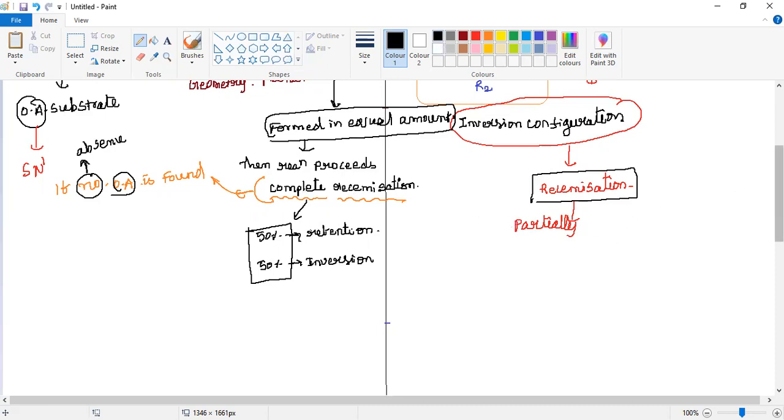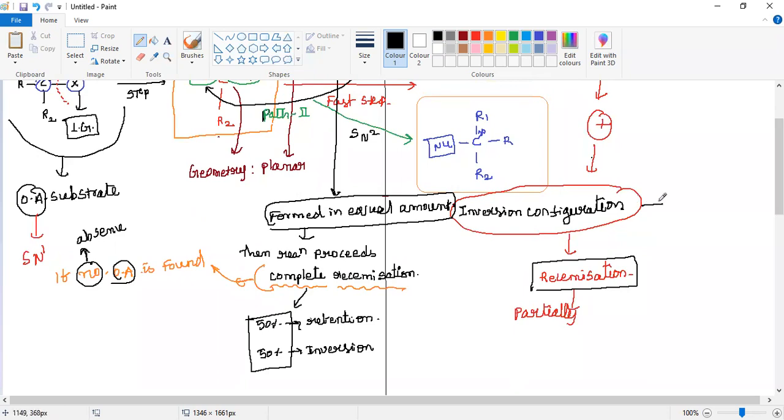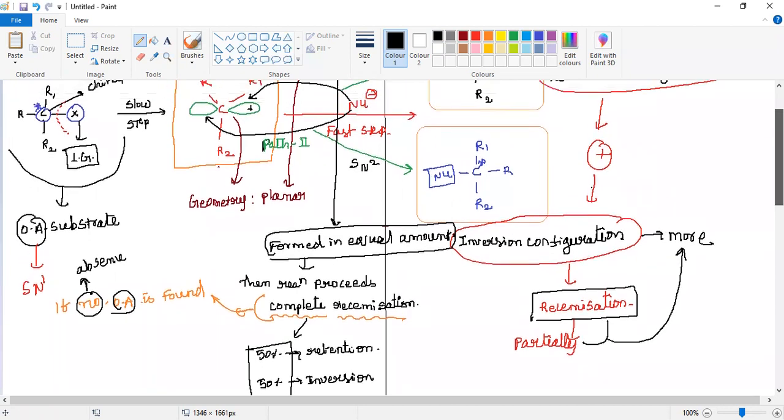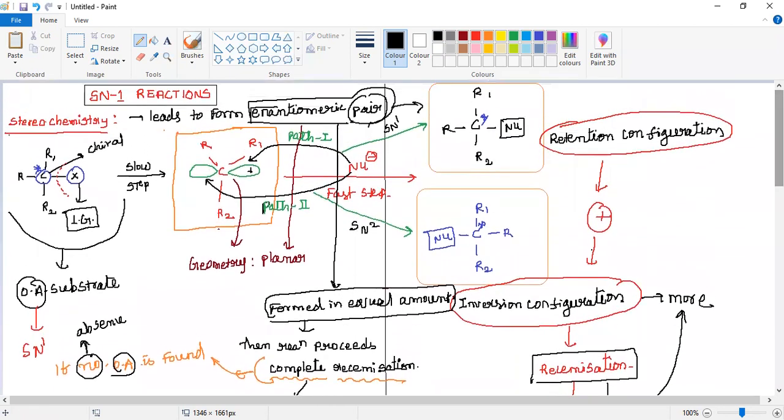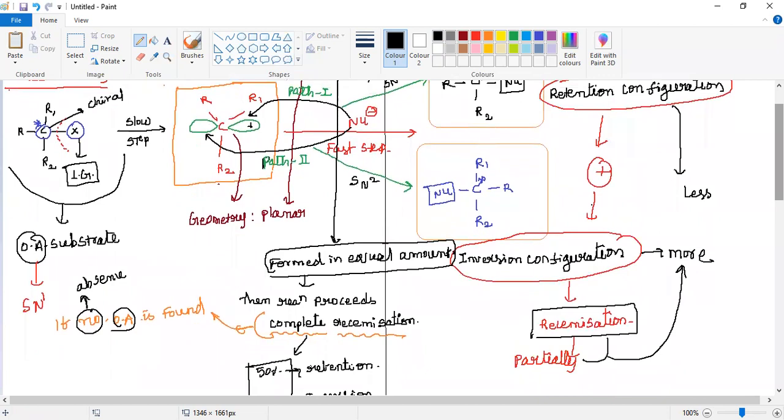Inversion of configuration will be more, and the retention product will be less. This is also another point to be noted, as chances are there that statement-wise questions or assertion-reason type questions can be given. Clear?